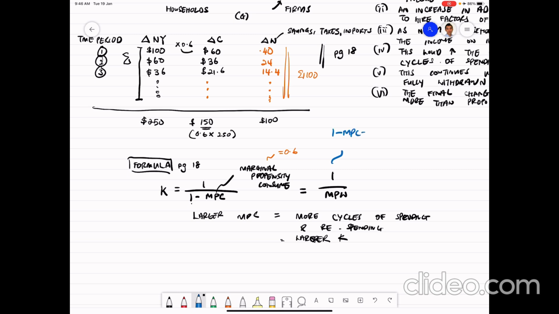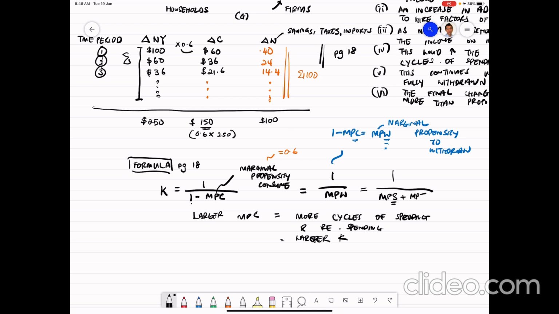So let me put a side note here: 1 minus MPC equals MPW, because if you're not consuming, you must be either saving, being taxed, or spending on imports. So if you unpack what MPW is, this is marginal propensity to withdraw. If you're not spending on consumer goods, you are basically spending on savings, MPS, marginal propensity to save.